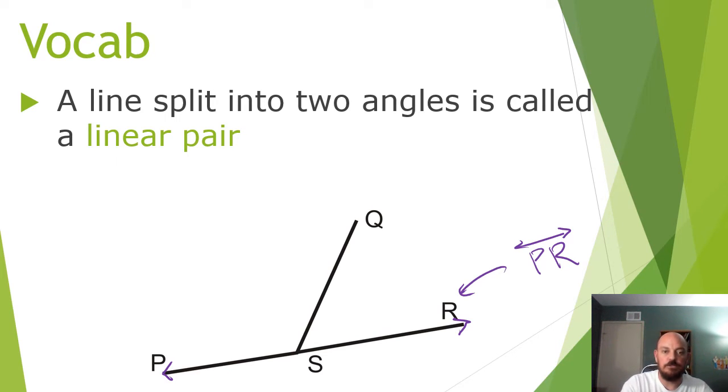And I'll put one up here too on Q. Now what we have is I took that line PR, and then from point S right here, I drew a ray, I'll call it SQ, ray SQ, splitting that into two angles. Those two angles together are called a linear pair. Now they're also adjacent angles, like we just talked about on the last slide, but this is a little bit more specific than that.